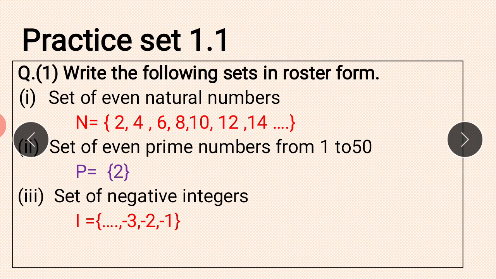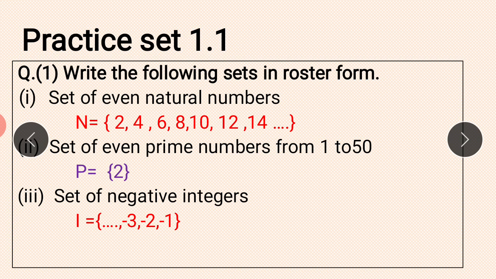So denote it as capital letter N, equal to curly bracket 2, 4, 6, 8, 10, 12, 14, 16 and so on, because there is no limitation for writing the even natural numbers. This is the set of even natural numbers.